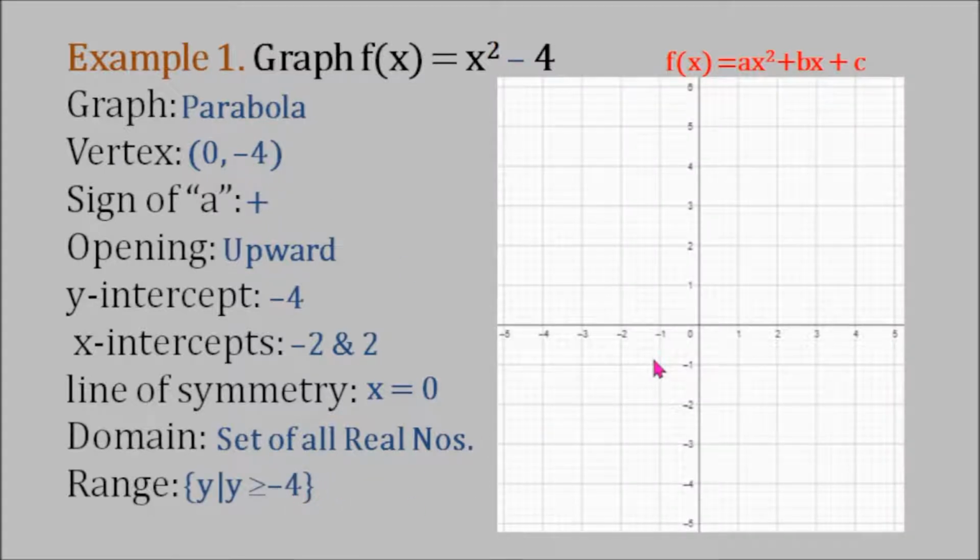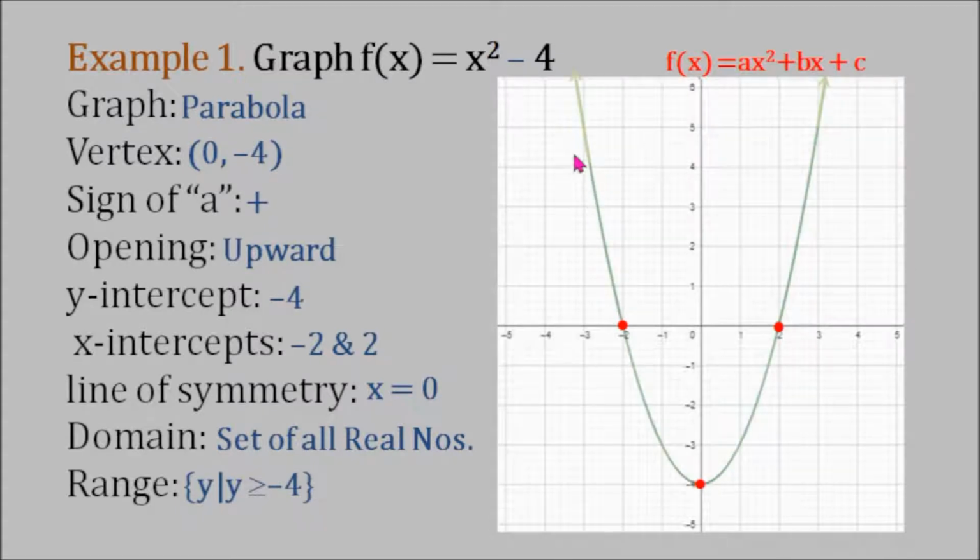Now we are going to graph f of x equals x squared minus 4 using the important information we got here. This is our vertex, (0, negative 4), and these are our x-intercepts, negative 2 and 2. Then we connect these 3 points with a smooth curve, a U-shaped graph.